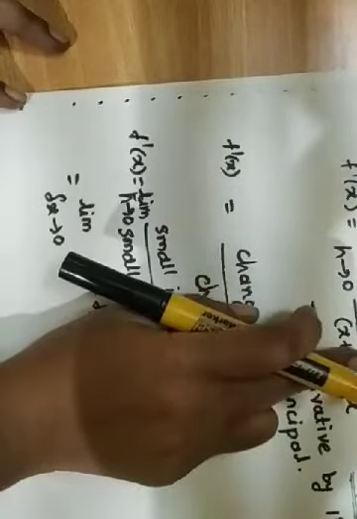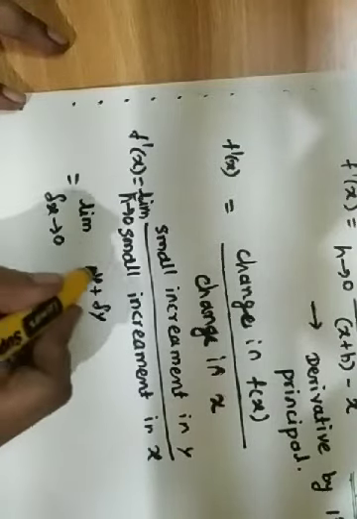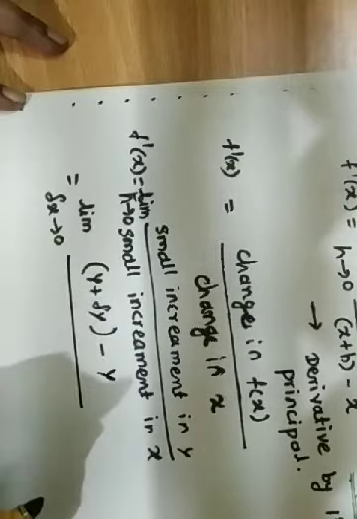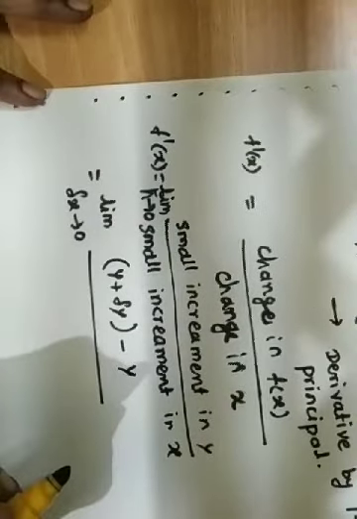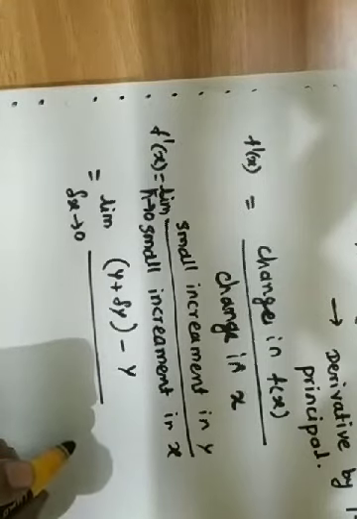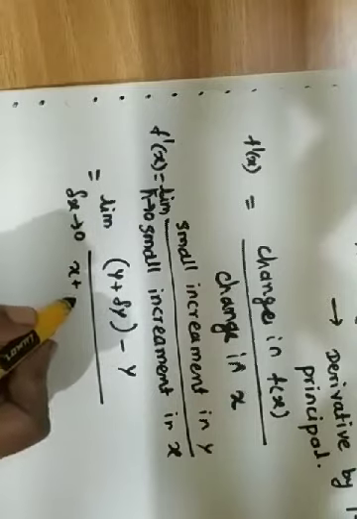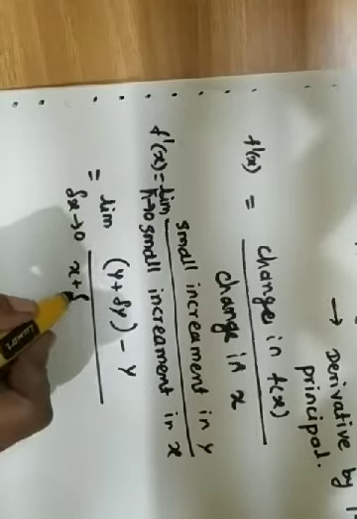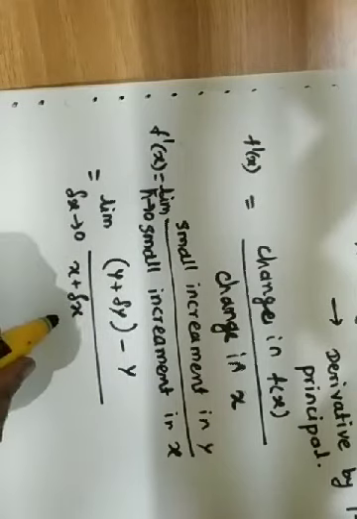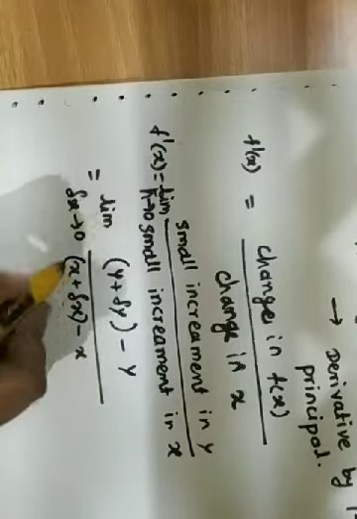This f of x plus h is written as y plus delta y, and minus f of x means minus y, divided by small increment in x, that is x plus h is written as x plus delta x, because we denote h by delta x, minus x.